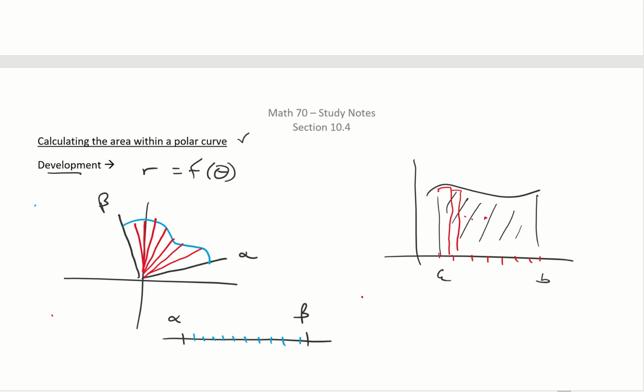Okay, so if we take a look at one of them, maybe the second one there, you got rectangles on this side. Maybe I cut it off here and think of it as a sector, or these are sectors of a circle.